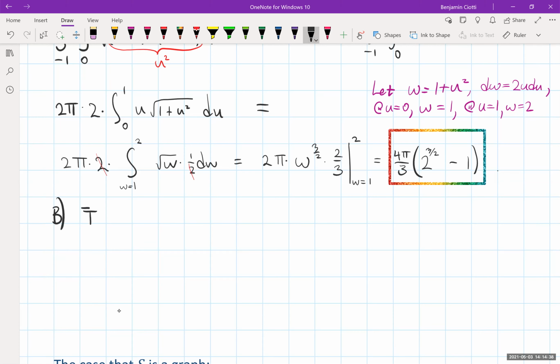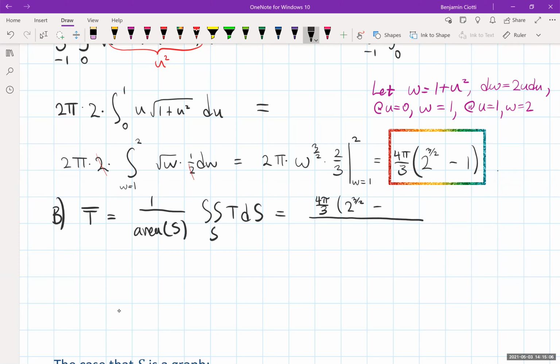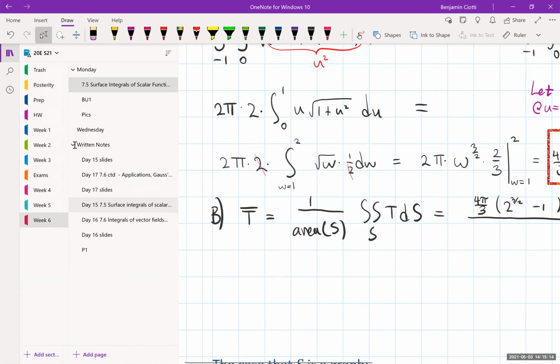So for average temperature, we'll need the area of the noodle, but I already calculated this in a previous lecture. Here, let me just show you what we got for it really fast.